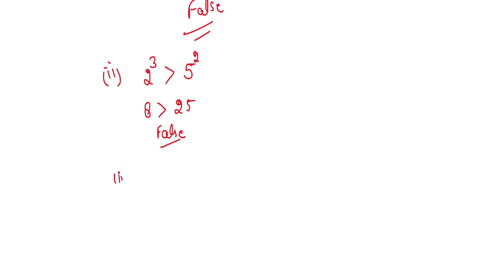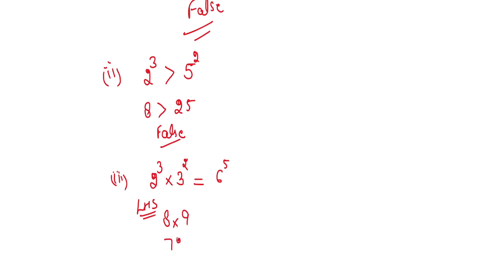Now the third part. In the third part, the question is 2 raised to the power 3 multiplied by 3 raised to the power 2 is equal to 6 raised to the power 5. Okay. Now prove the LHS here. The LHS is 2 raised to the power 3, that means 8, multiplied by 3 raised to the power 2, that means 9.